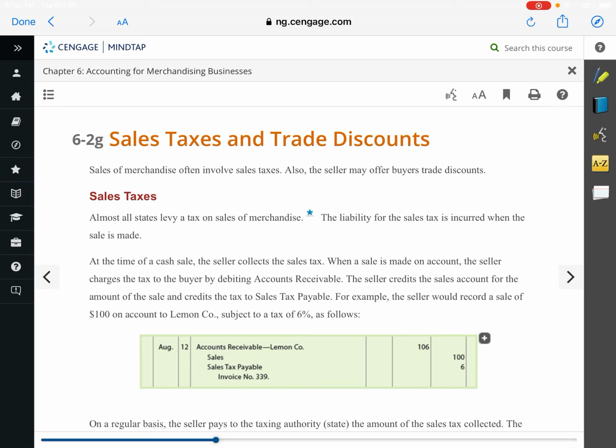So B says 73,100. We ended up sending back 3,900. And we had a 2% discount. So 73,100 with the discount is 71,638.